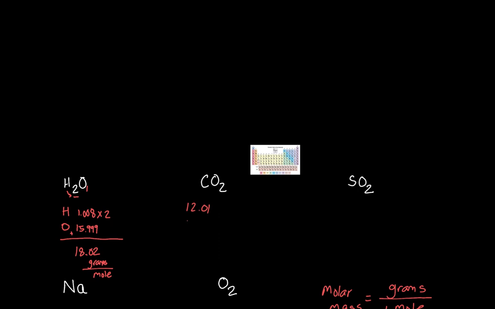And then oxygen, let me just put carbon here and then oxygen here. 15.999, but there's 2 oxygens in the formula, so it's 15.999 times 2. And then we'll add these up. And what you'll get is about 44 grams per mole. So if you had a mole of CO2, it would have a mass on the scale of 44 grams.